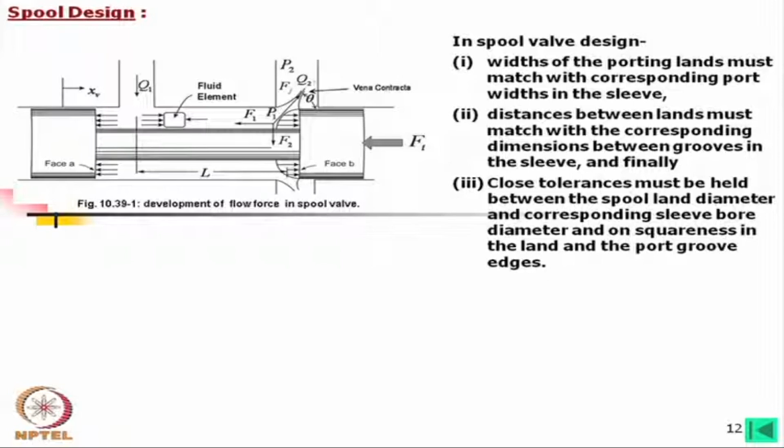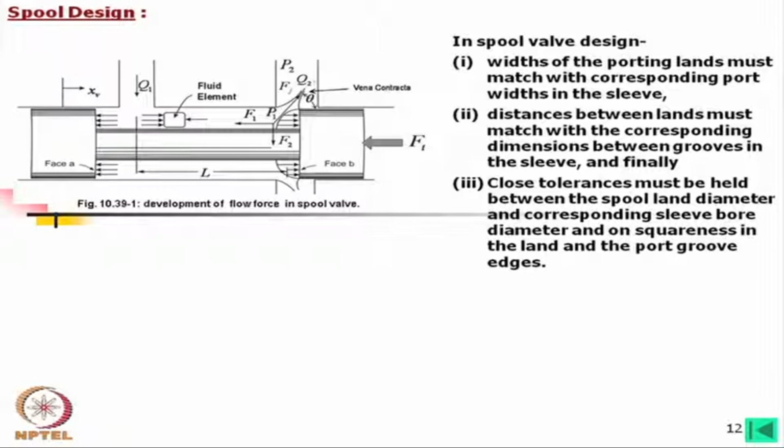Now, this is another important factor. About these edges, from the movement point of view, we may think that we can provide a chamfer here, we can provide a chamfer here, but if we provide a chamfer there, immediately valve performance drastically falls.